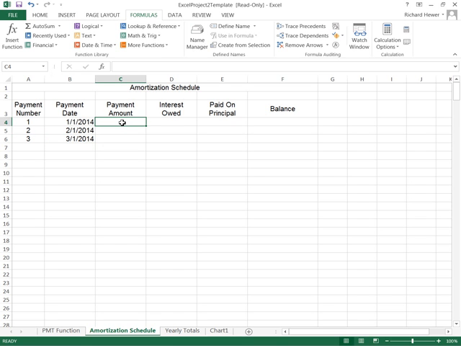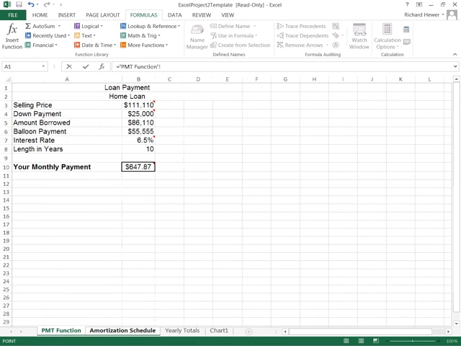Now, what is the payment amount? I'm going to show you 2 ways to do this. Okay, one would be simply by doing equals, then going over here, clicking where the payment is, and then hitting enter. You must hit enter before you change pages, or else up here it will change which tab you're on, and it will give you a wrong answer.